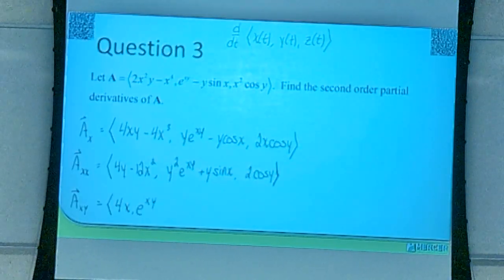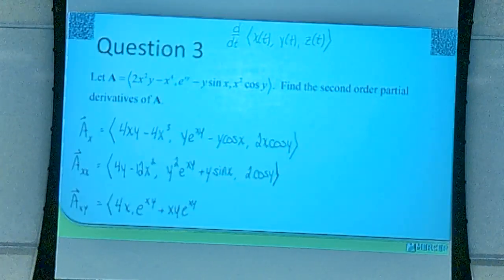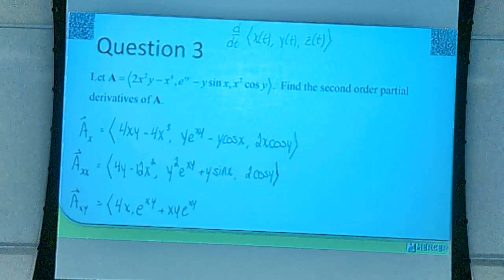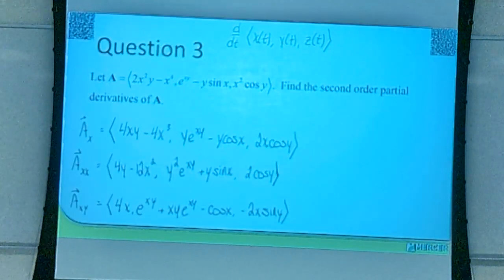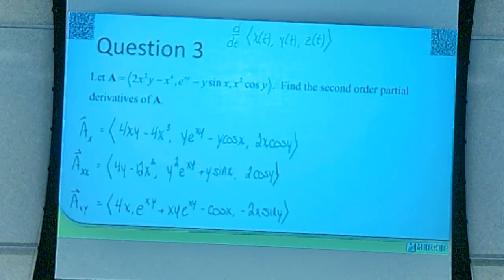E to the xy plus xy e to the xy. And then that's just going to be what? Minus cosine x. And negative 2x sine of y. Right?